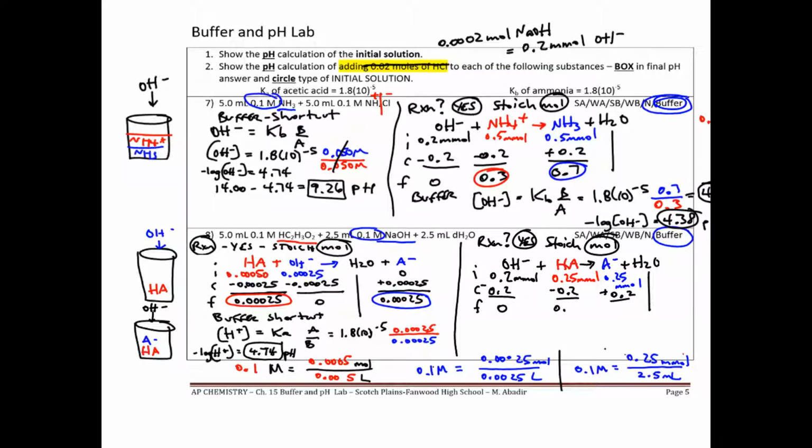Just see something here. Yeah, 0.05. Sorry about that. And then this is 0.45. And then now I need to take my buffer shortcut because I know I have a buffer. So that's going to be H plus equals Ka times A over B. Move this over a little bit.